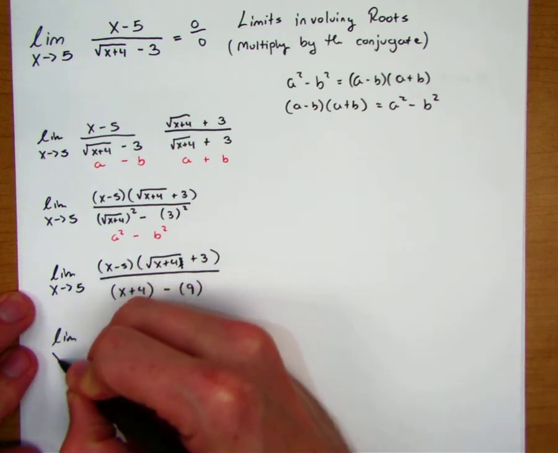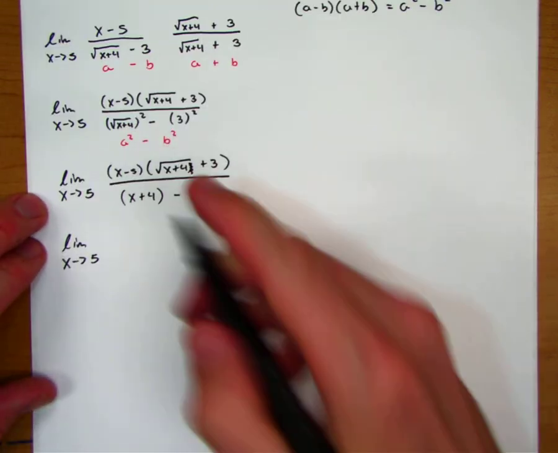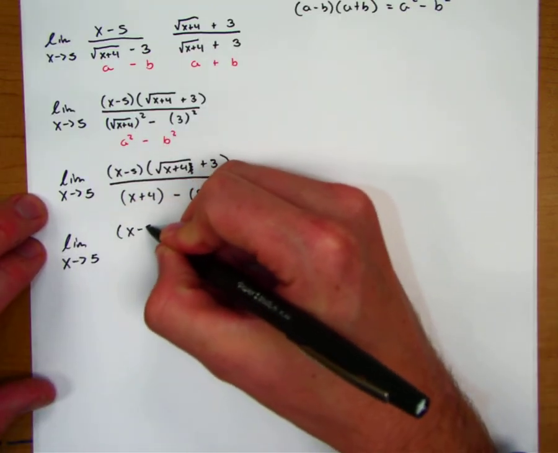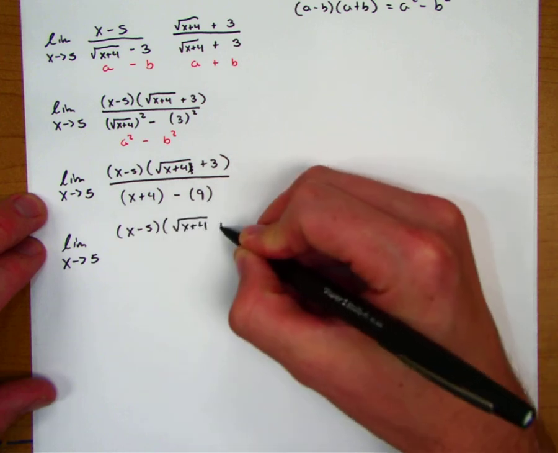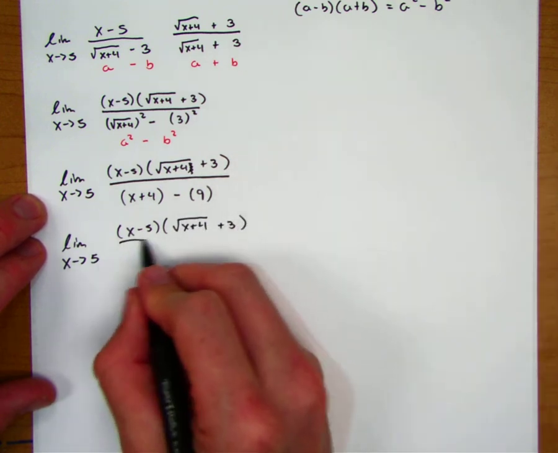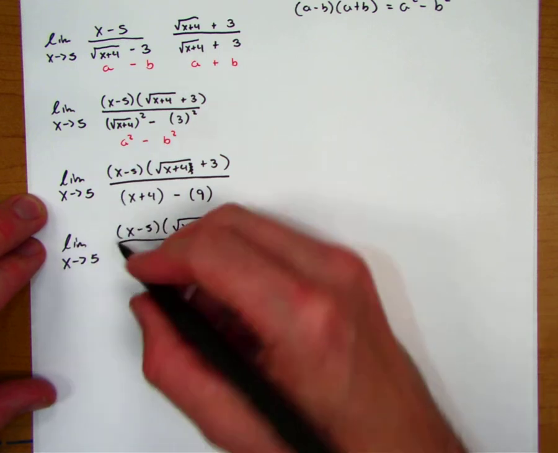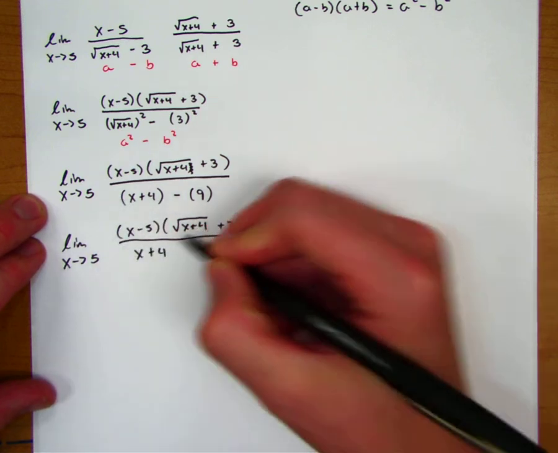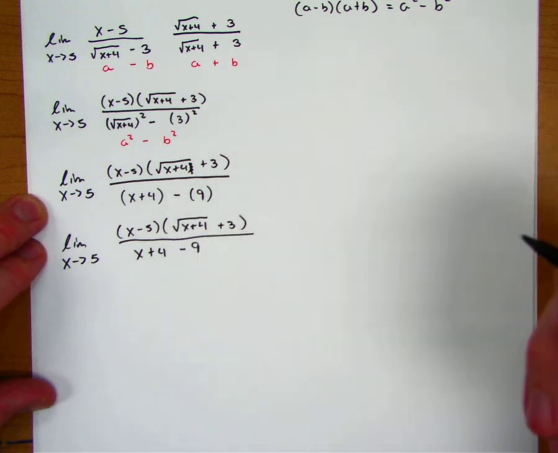So we have limit x goes to 5, and up top stays the same, x minus 5 times the square root of x plus 4 plus 3. And in the denominator, I don't need these parentheses because there's nothing in front to multiply by, so it's just x plus 4. The negative of 9 is negative 9.